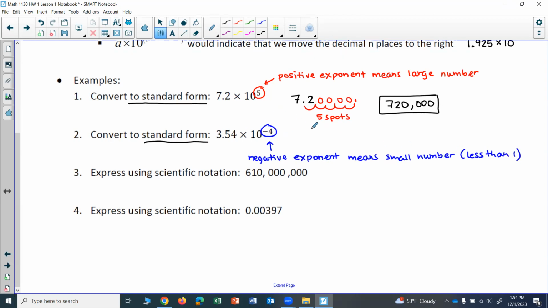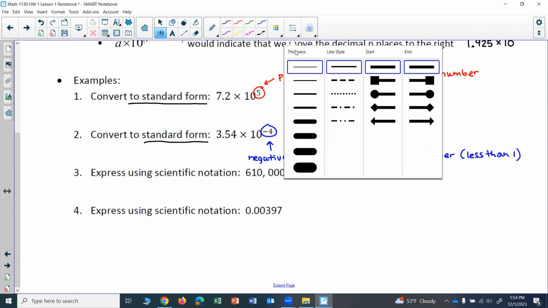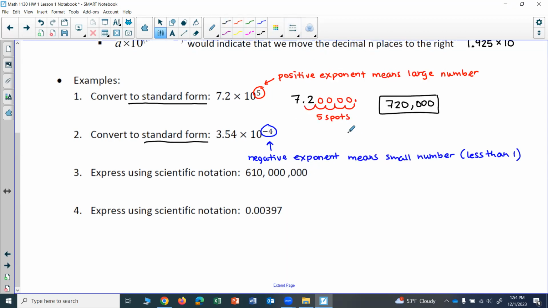And so what I'll do is I'll take my 3.54 and I'm going to leave some room on the left here. And I'm going to move the decimal 4 spots because it's a negative 4. So I'll move it 4 spots, 1, 2, 3, 4 to the left and fill in with zeros.